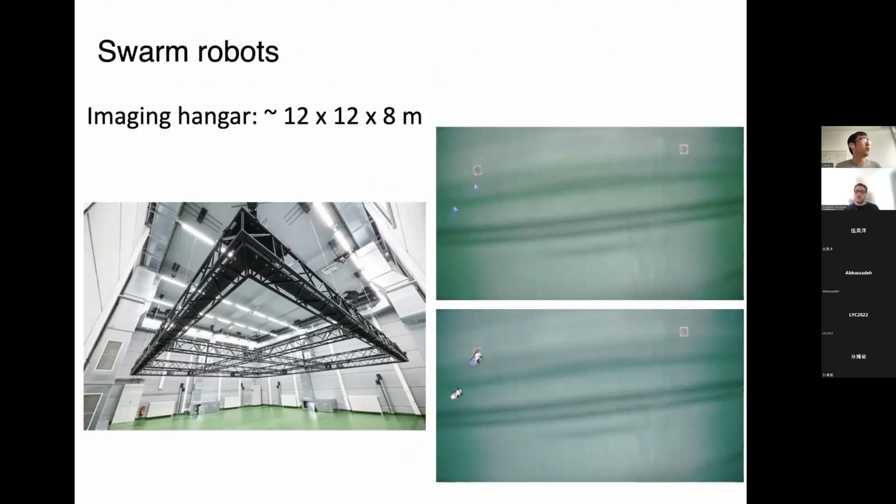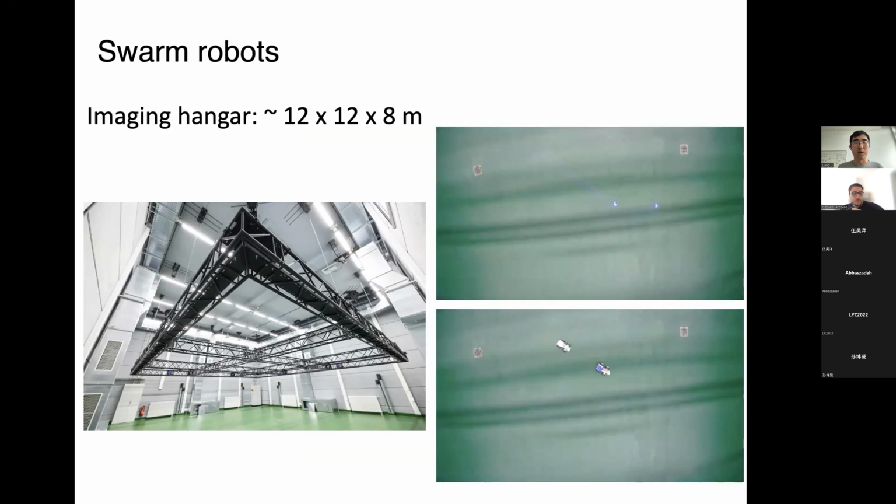After we get those sensory motor controls of the robots and of the real fish system, we can also deploy them to purely engineering systems at Constance here. We also have an amazing large arena, we call it the imaging hangar, which is 12 meters times 12 meters times 8 meters.